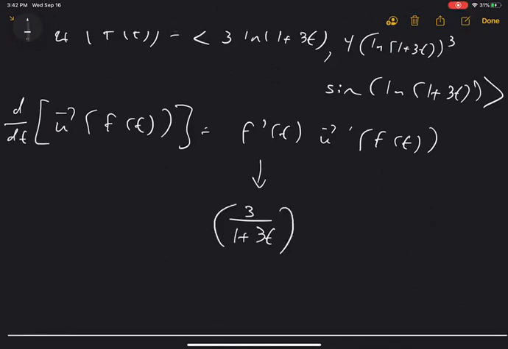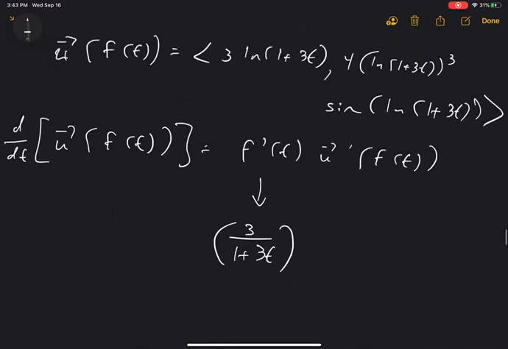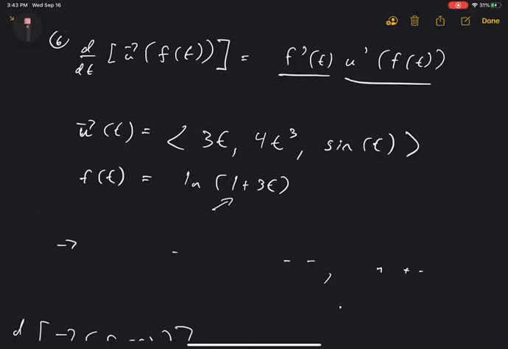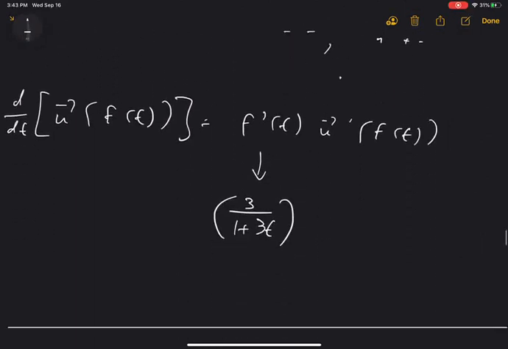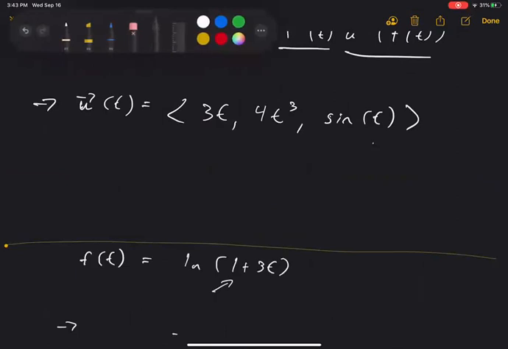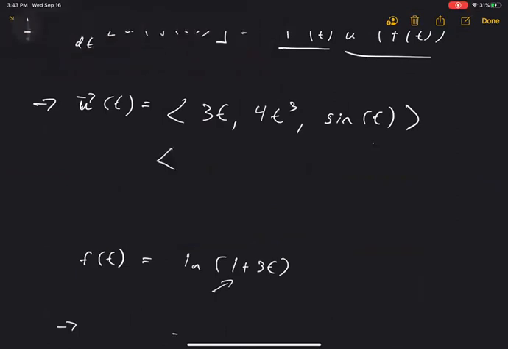Now what's u prime, the derivative of my vector u? Well, u prime is 3, 12t squared, cosine of t.